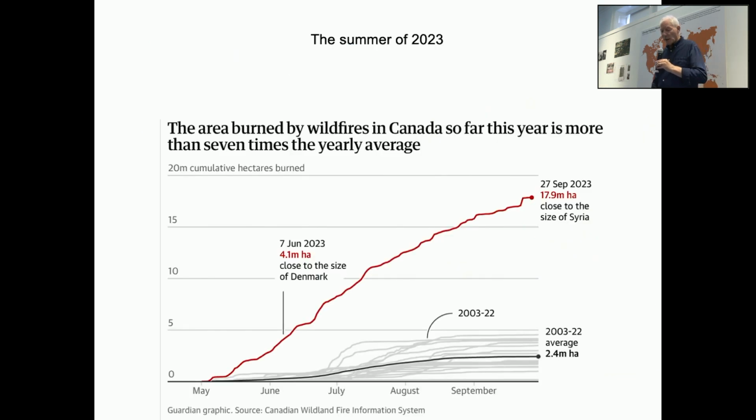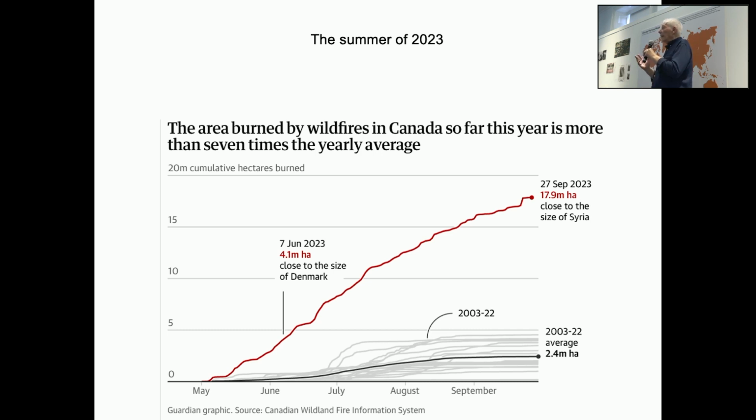And many of you live in countries where there have been severe wildfires this year. If we look at that, Canada is probably the most extreme, but it's happened all over Europe as well as all over the northern parts of the Americas.